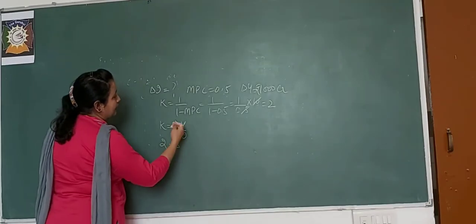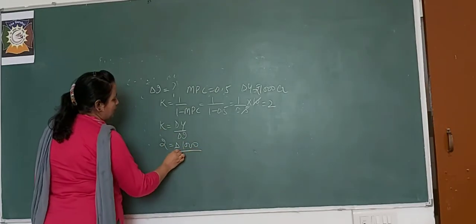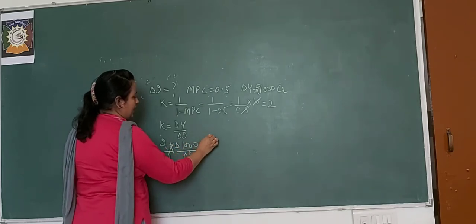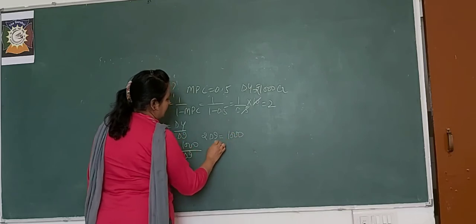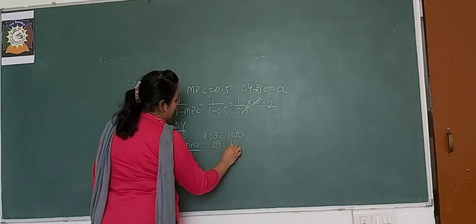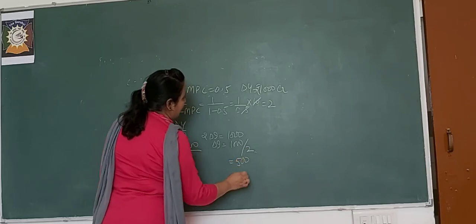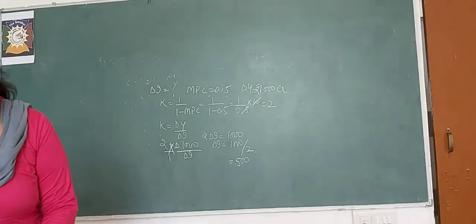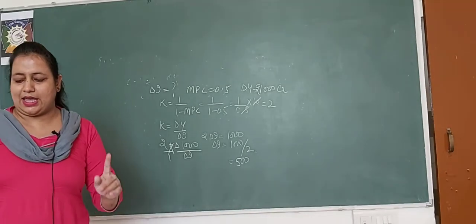Delta Y, how much did income increase? That is 1000 crore. It means how much must have been invested? I find delta I, it means 1000 upon 2, it means 500 crore has been invested.